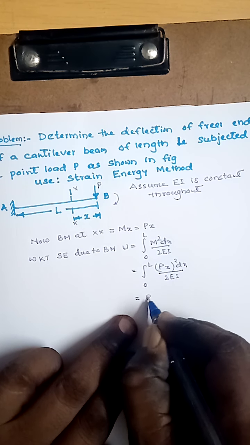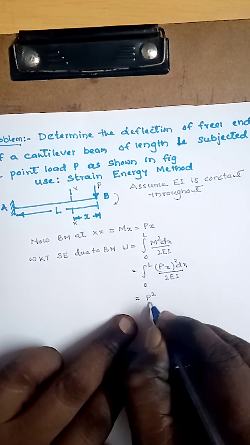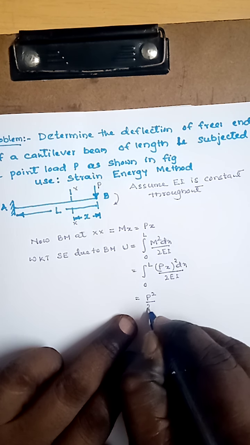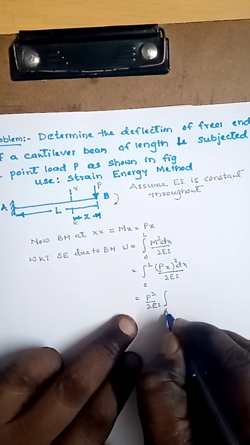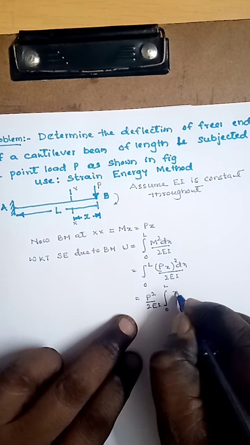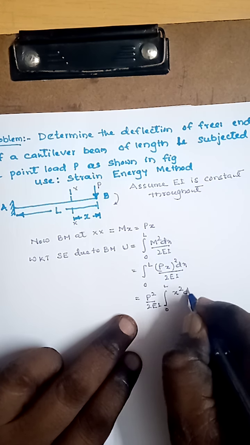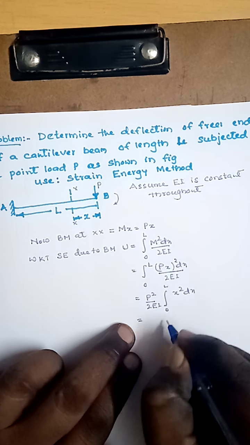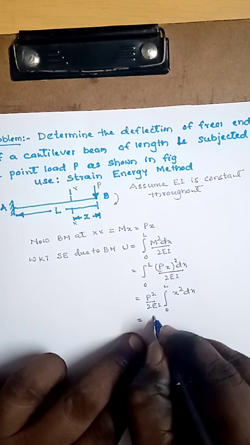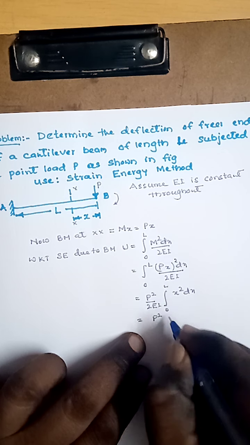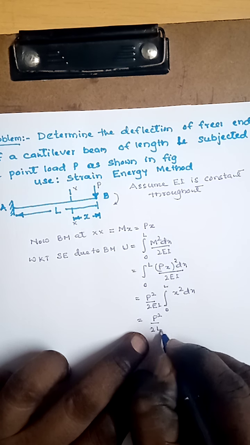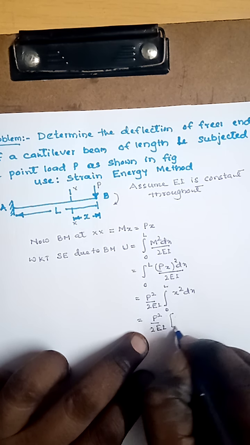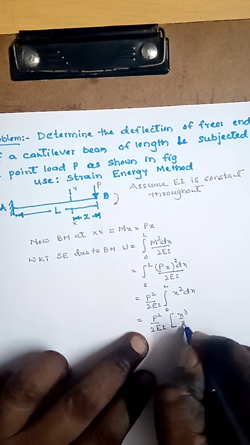Here this is P square divided by 2EI, integration of x square dx. If we integrate this term, P square, integration of x square is x cube by 3.